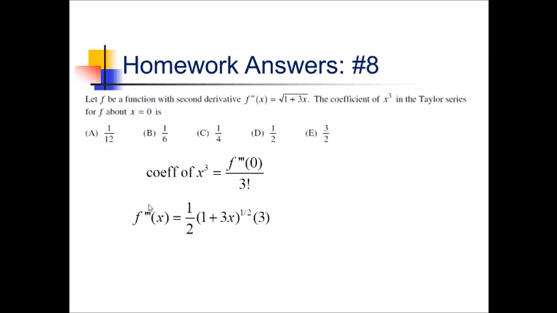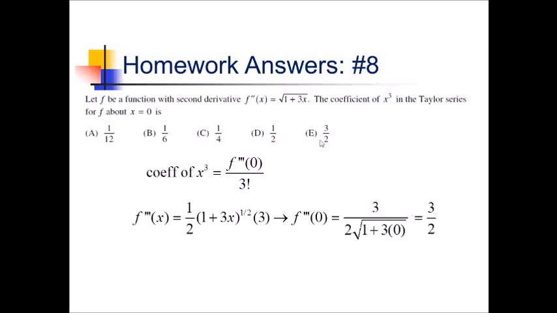But now I have to actually plug 0 in, so let's make this into a format that's easier to work with. So I can make this 3 over 2 times the square root of 1 plus 3 times 0. So we've got really just the square root of 1, which is 1. So that's just a 2 down there when all is said and done. So then 3 over 2 is going to be our 3rd derivative at 0.